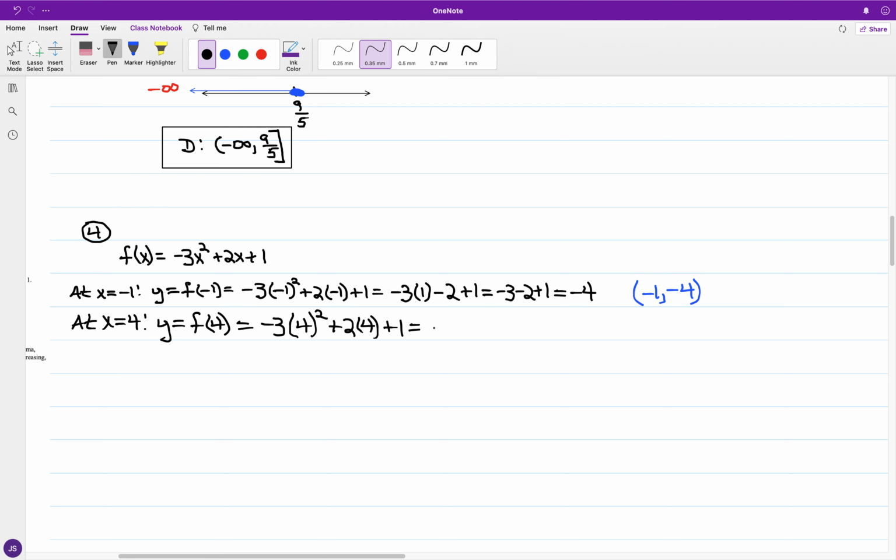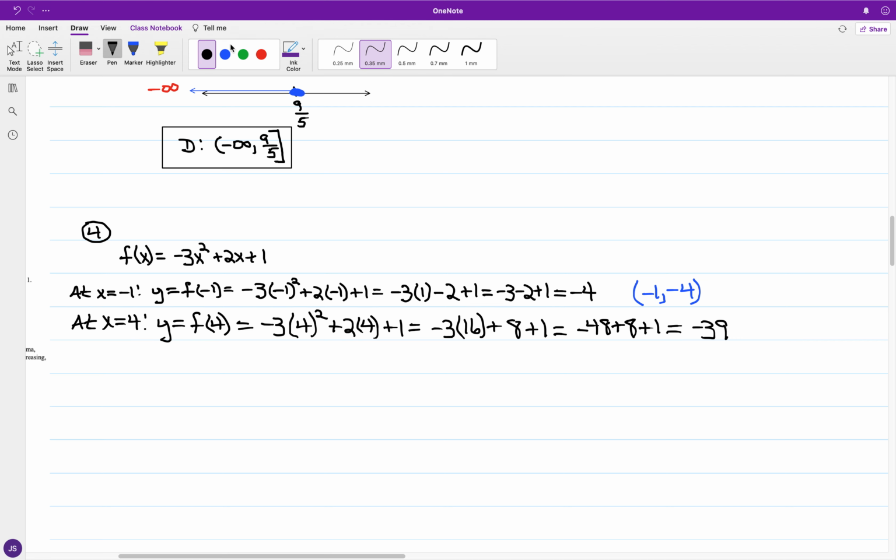So we have -3 times 16, and 2 times 4 is 8, plus 1. So we have -48 plus 8 plus 1. -48 plus 8 is -40. -40 plus 1 comes out to -39.